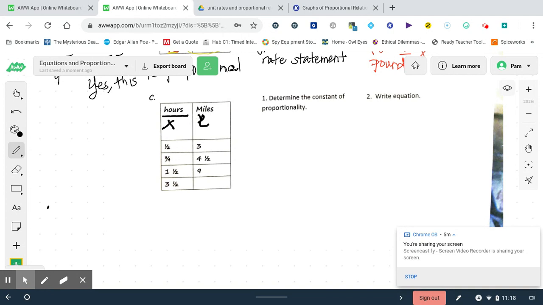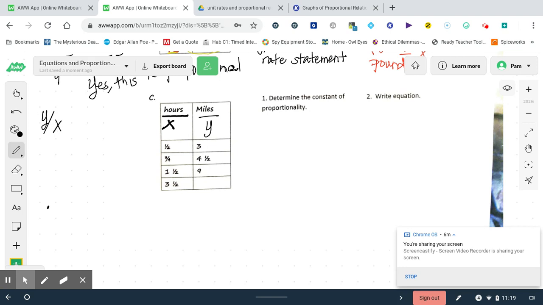Therefore, miles has to be y. Okay, that's pretty good. All right, so we're going to take y and divide it by x.